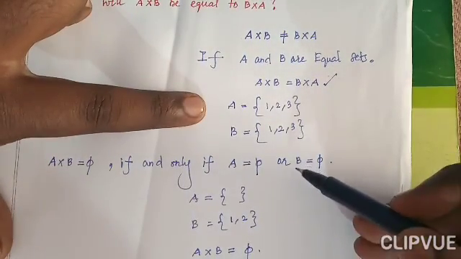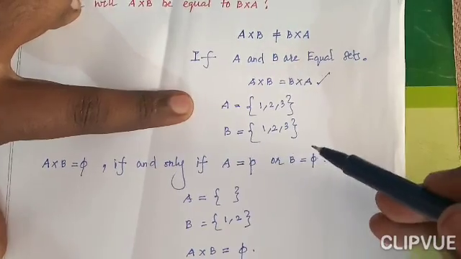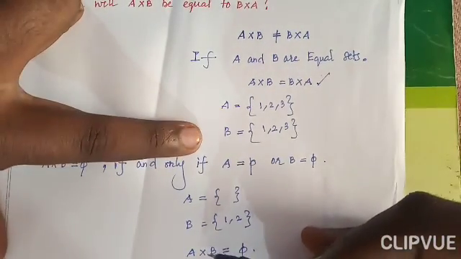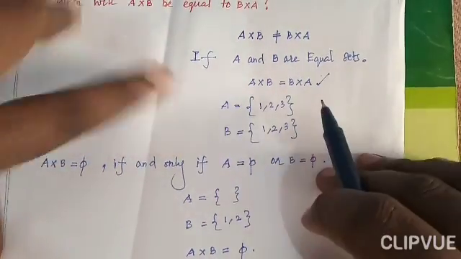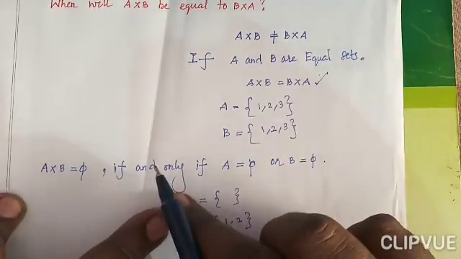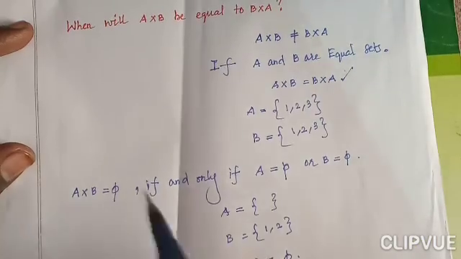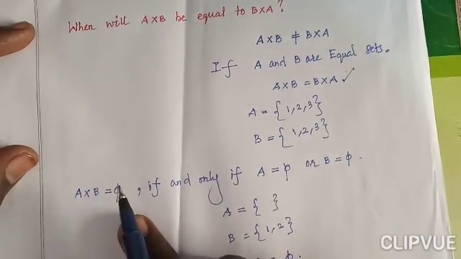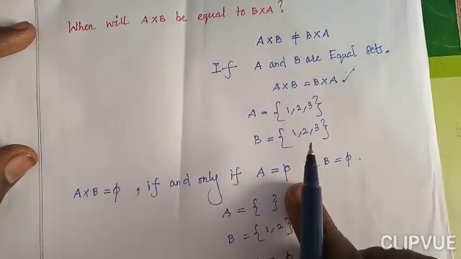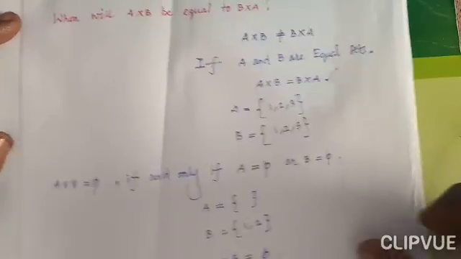Similarly, if you take B equal to the empty set, and A has some elements, the resultant value of A cross B is also the empty set. Okay, that's why we say A cross B equals the empty set if and only if either A is the empty set or B is the empty set.